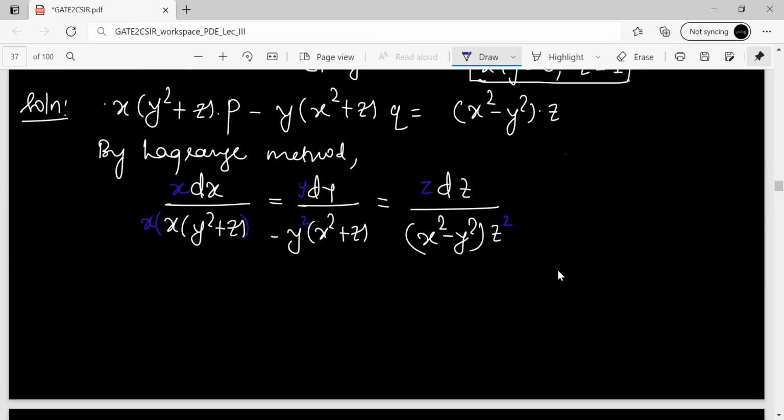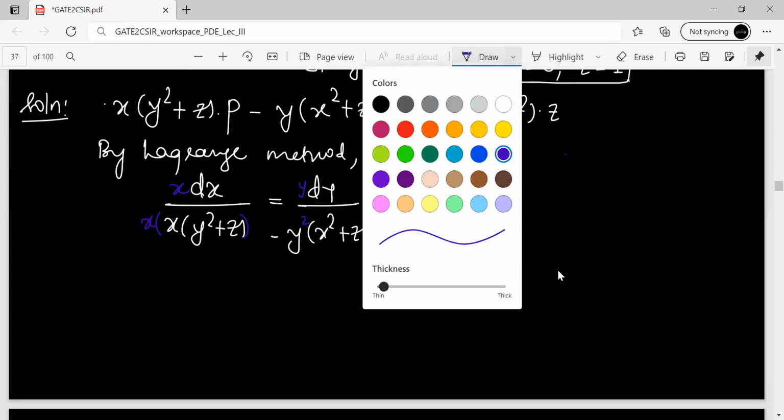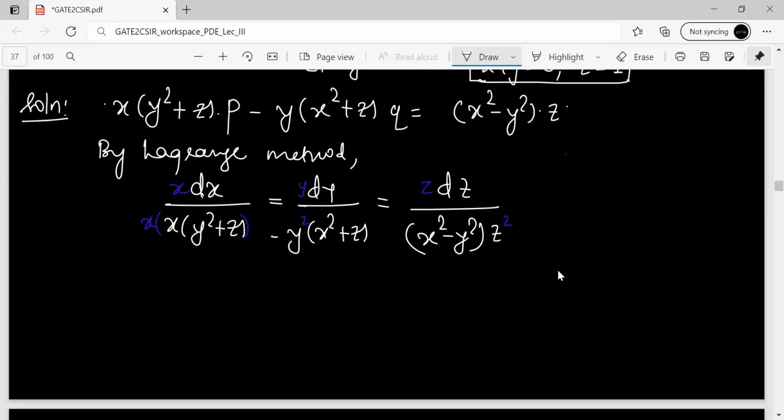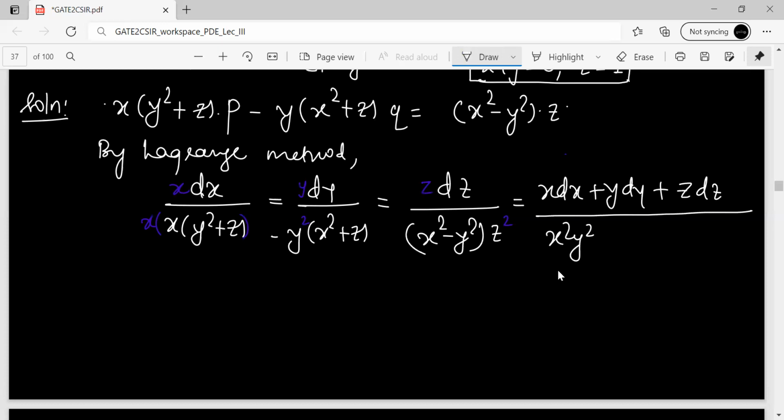Okay, let us see if it works. I think it will work. Yeah, it should work. So now let's multiply: x dx plus y dy plus z dz upon, now watch out, x square y square plus x square z, and then minus y square x square and minus y square z, and here plus z square x square.